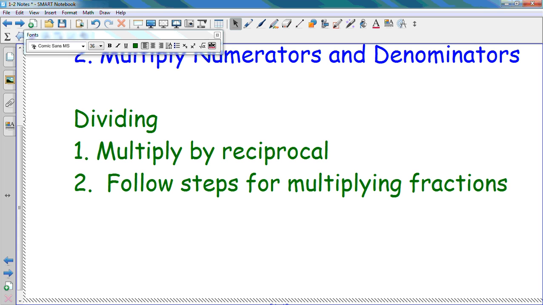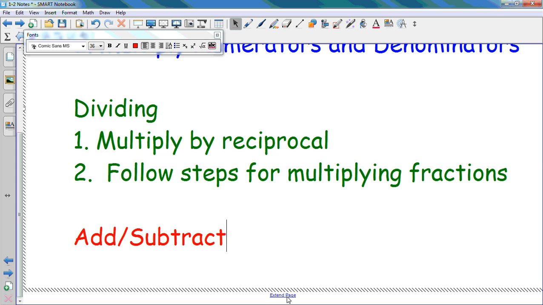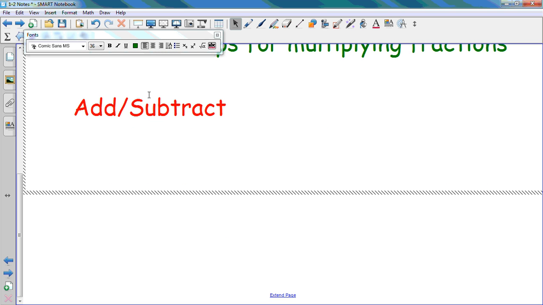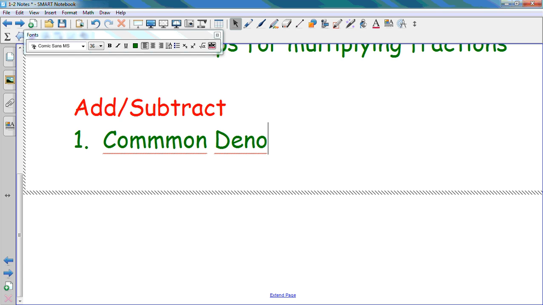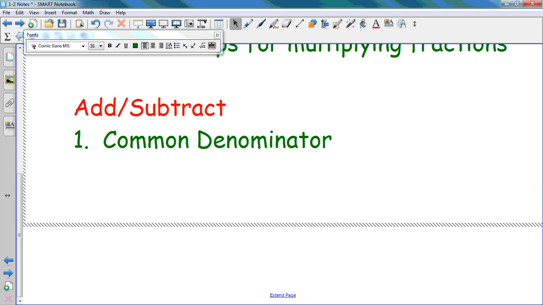Okay? I'll make these red. I'll scroll down for you so you can see. Step 1. You need a common denominator. Step 2. You must know these, Bear.